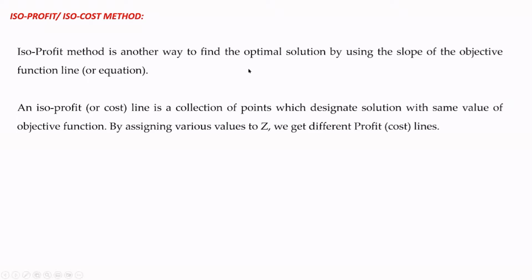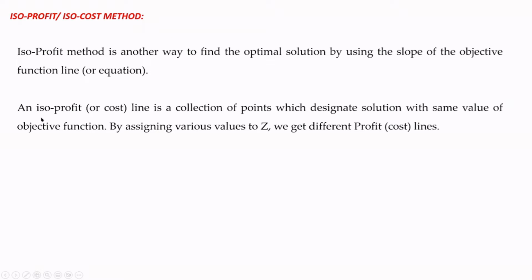And we will try to find the optimal solution. If we want to find the maximum profit, then the line with maximum z value will give the maximum profit. And if we want to find the minimum cost, then the line with minimum z value will give the minimum cost. So that is with respect to this isoprofit or isocost method.